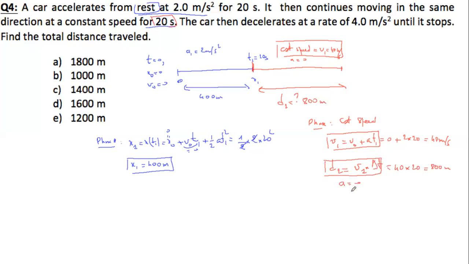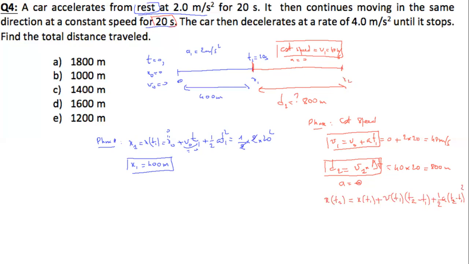So you are applying x at t2 is x at t1 plus v at t1 times t2 minus t1, plus half a times t2 minus t1 squared.